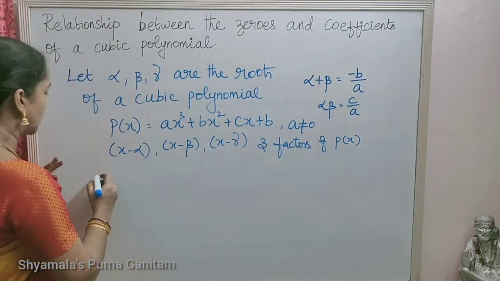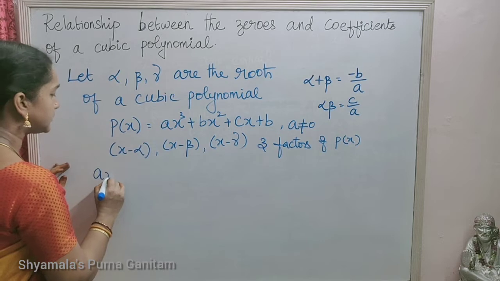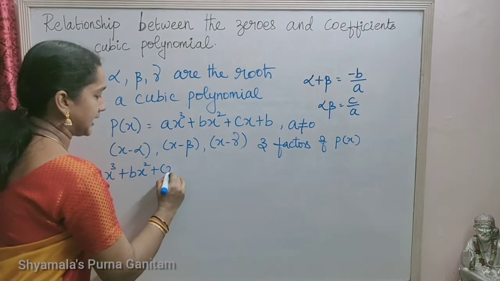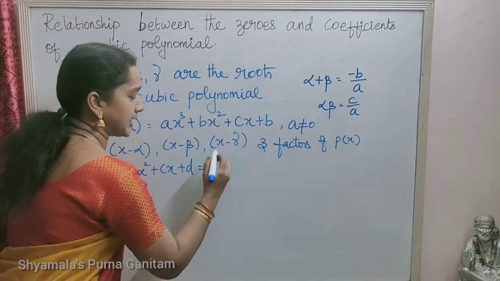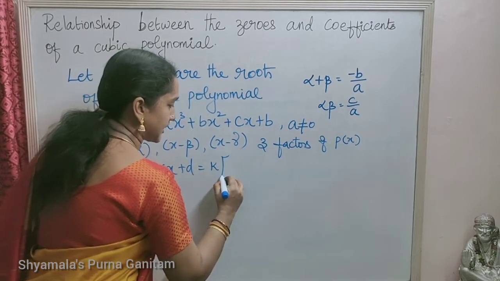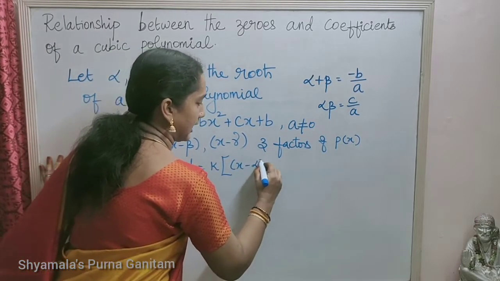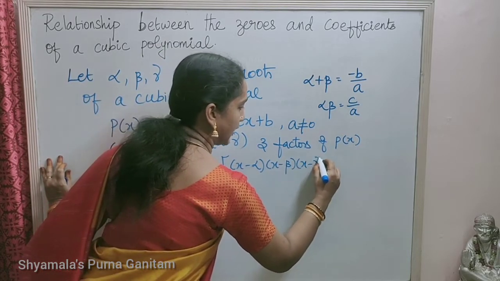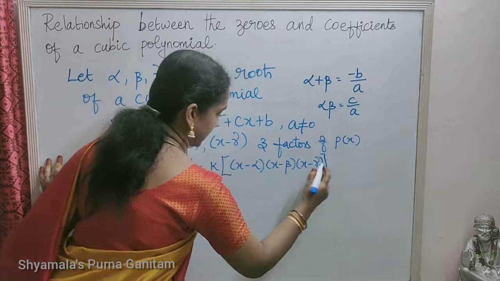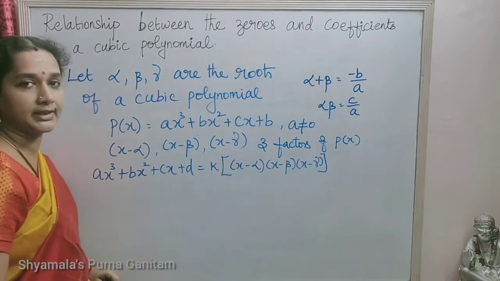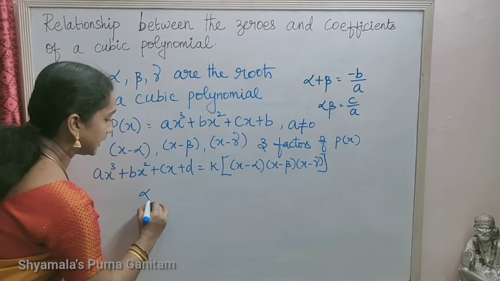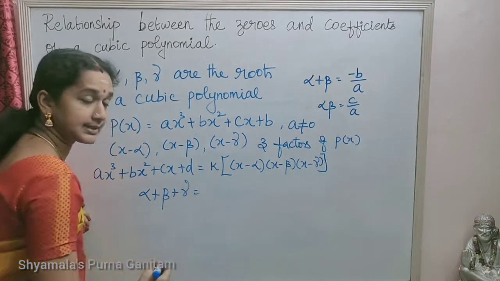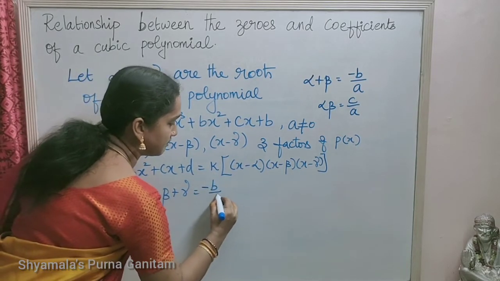Now we compare ax cube plus bx squared plus cx plus d with some constant k times x minus alpha, x minus beta and x minus gamma, and when you simplify this, you get the sum of the three roots as minus b by a.